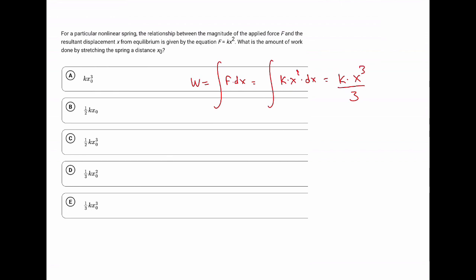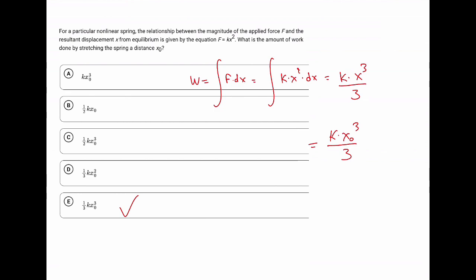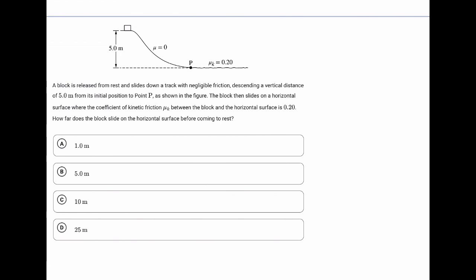All we need to do is replace the value of x with xo, so k times xo to the power of 3 over 3, and if I'm not mistaken, the correct answer is E. Let's move on.